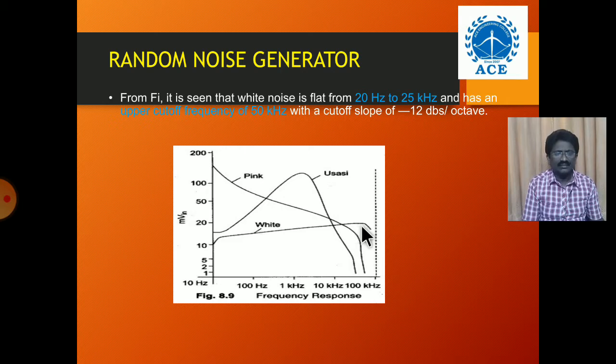You can observe like this. This starts from 20 Hz to 25 kilohertz, up to here 25 kilohertz, and has an upper cutoff frequency of 50 kilohertz with a cutoff slope of minus 12 dB per octave.